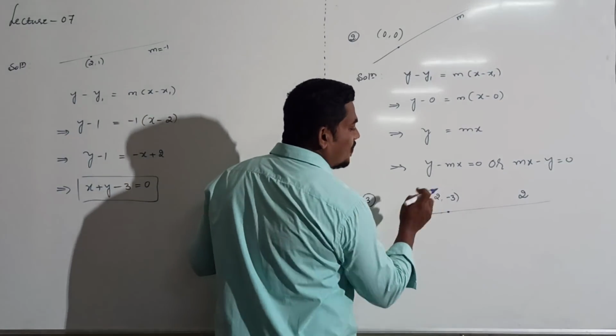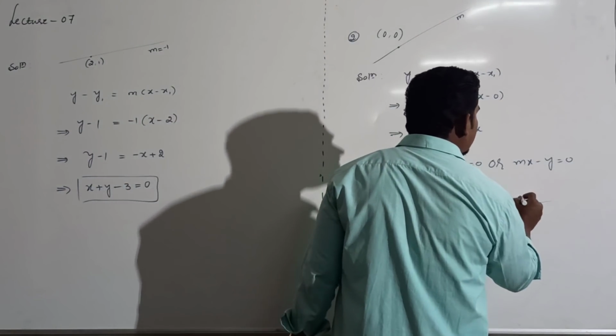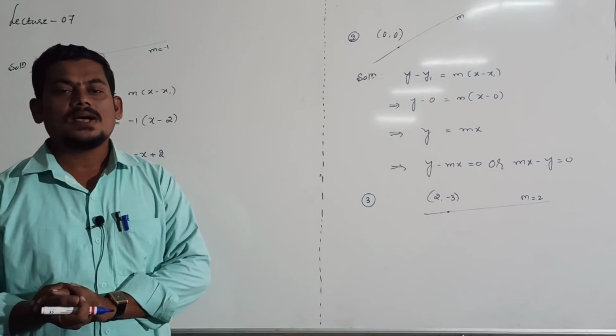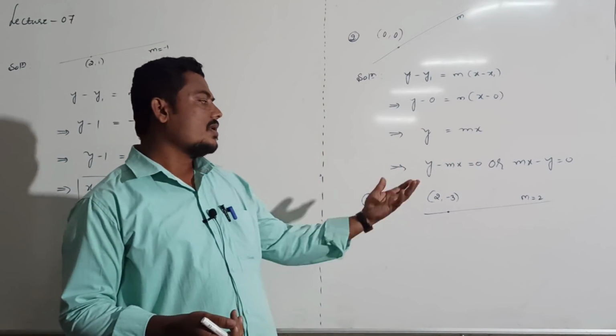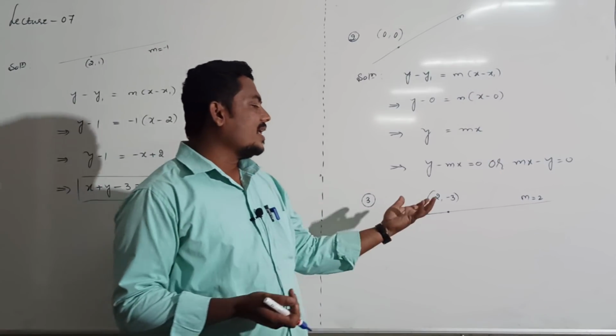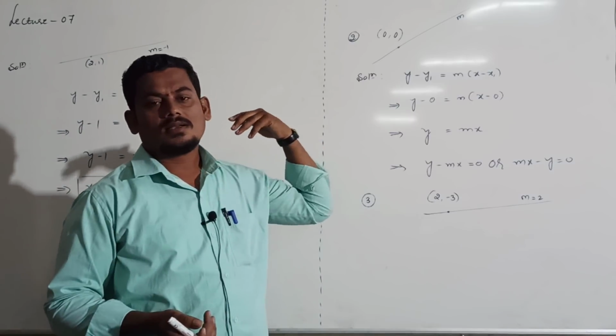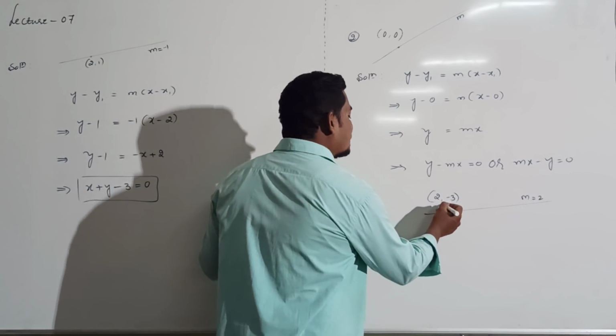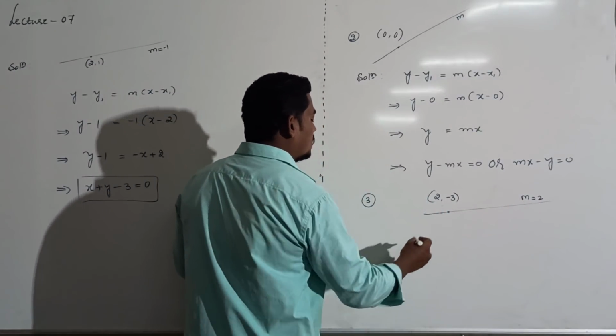It passes through this point having slope 2, which means the m value they have given. Slope and one point they have given. Then which formula do you have to apply? Slope and point form, right? This is x1, y1, m is 2.